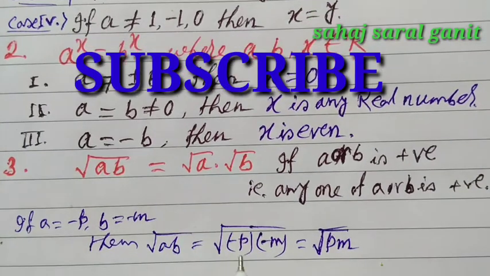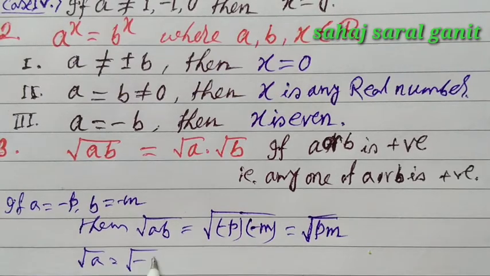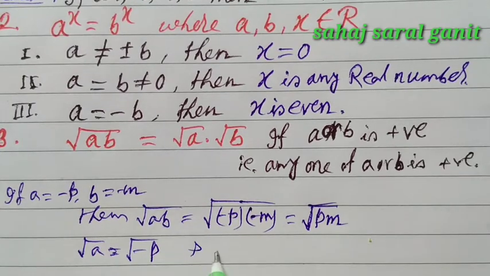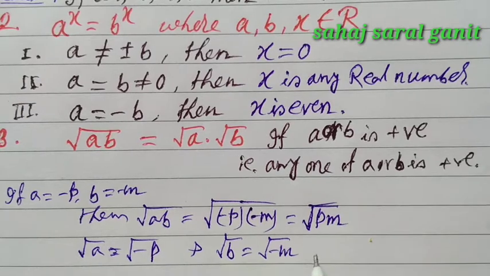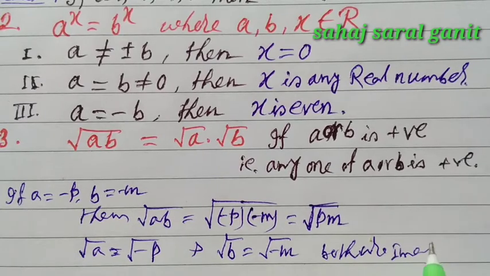But root a is equal to root of minus p, that is an imaginary number, and root b is equivalent to root of minus m, which is also imaginary. Both are imaginary.